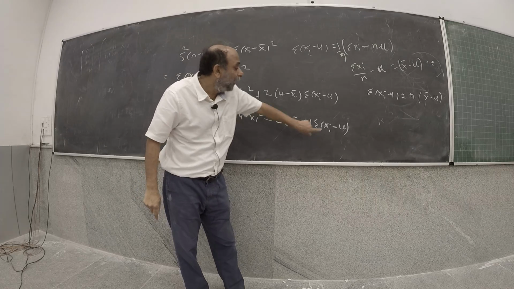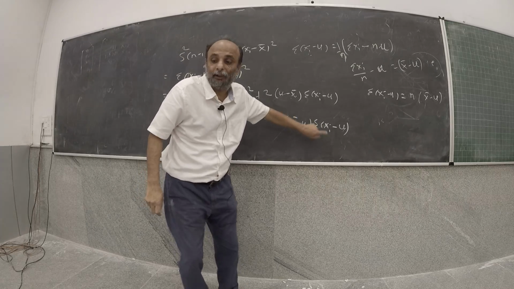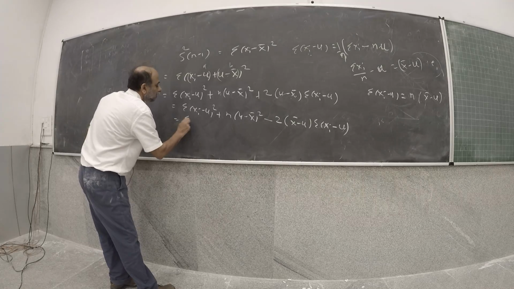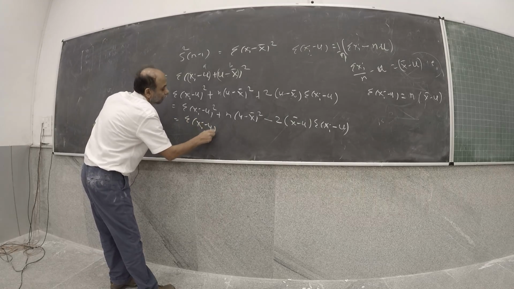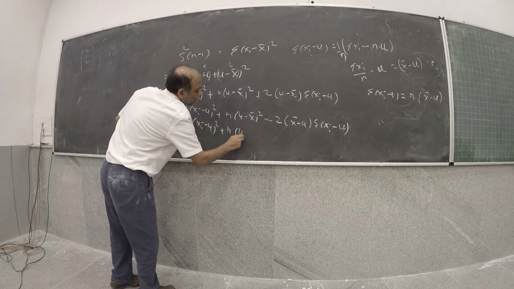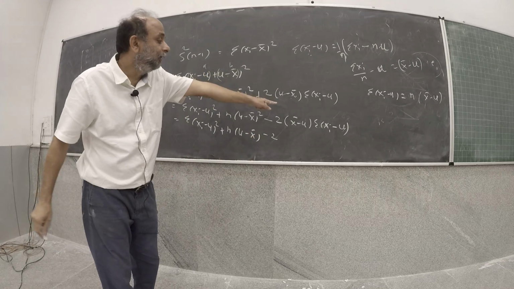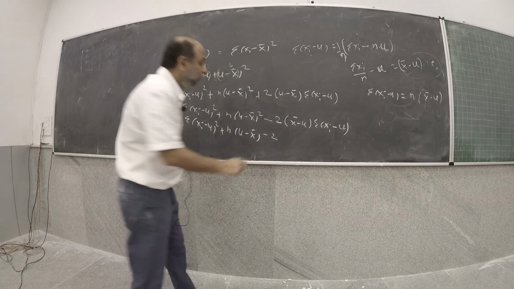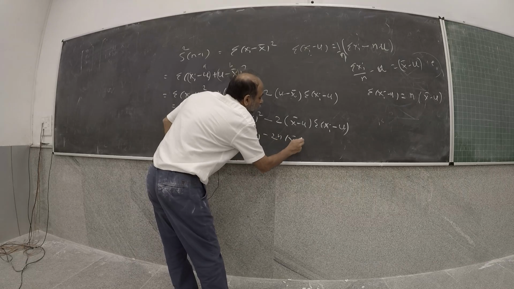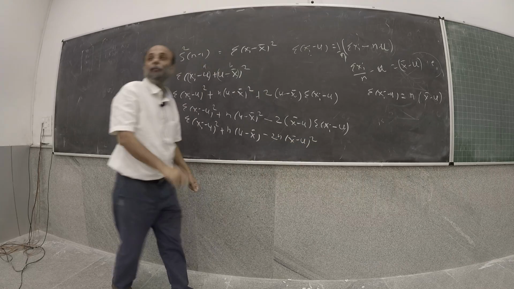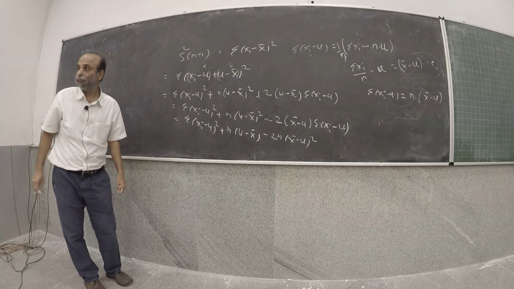Sure? Now if I substitute this here, then this becomes summation, minus 2, here x bar minus mu will come, so this will become minus 2n x bar minus mu square. Right?